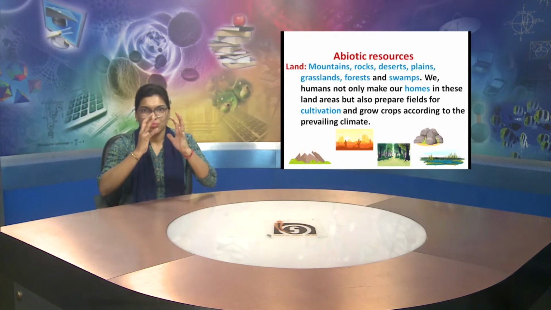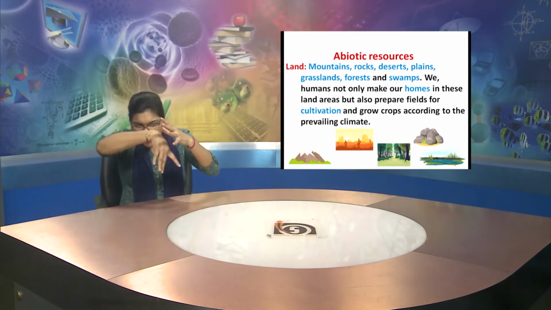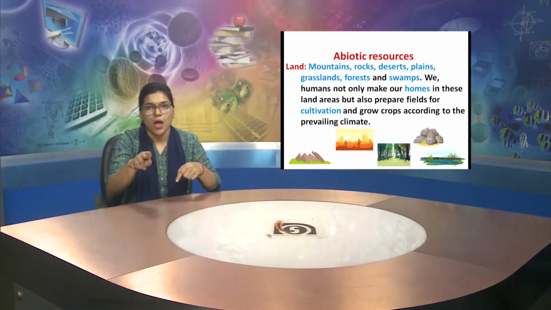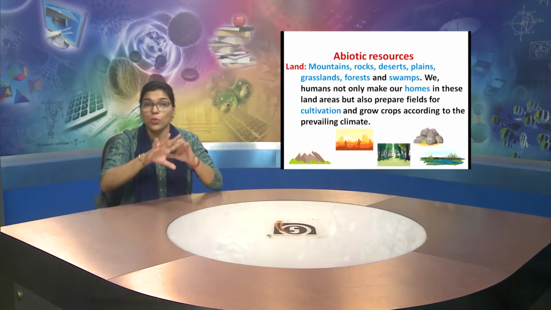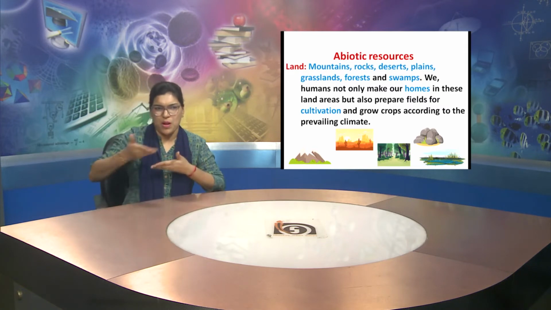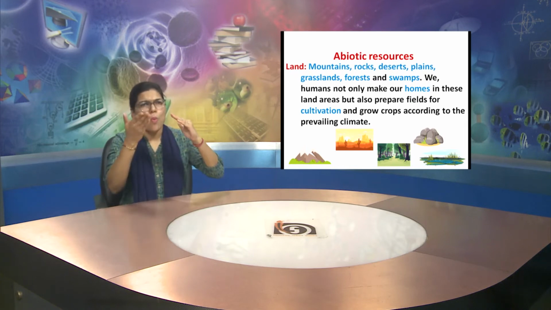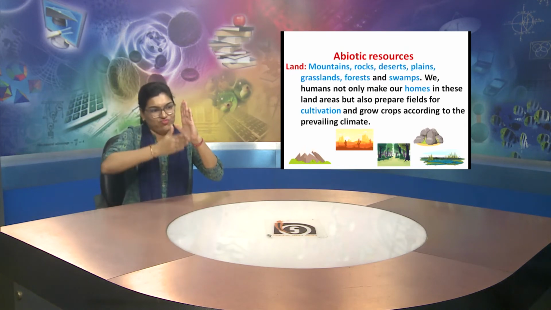In nature, you must have seen the green places, like whenever there are some plants, there are some roots also, and you must have seen some swamp areas in the environment.